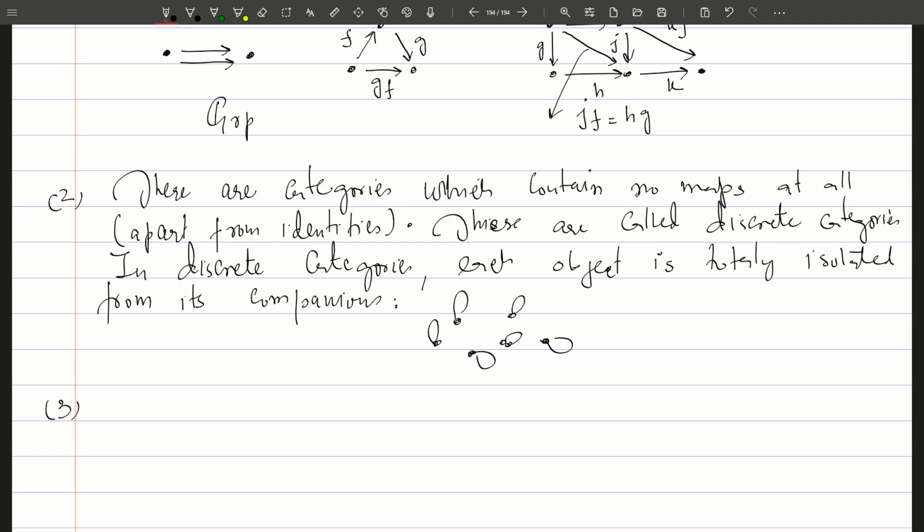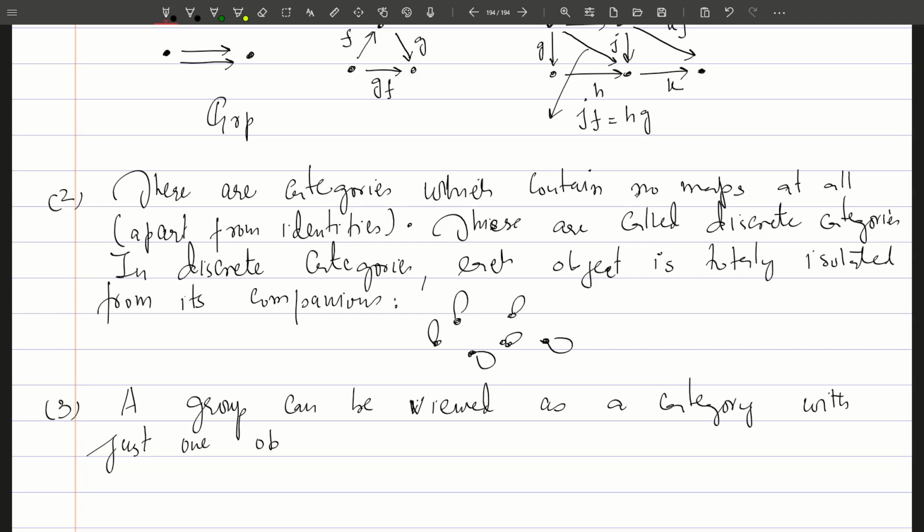So a group can be viewed as a category with just one object, and in which all the maps are isomorphisms from the group to itself.